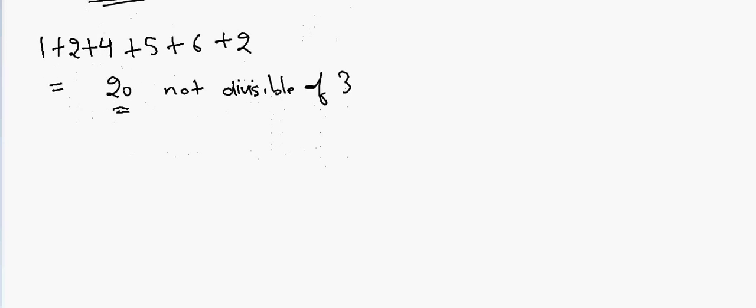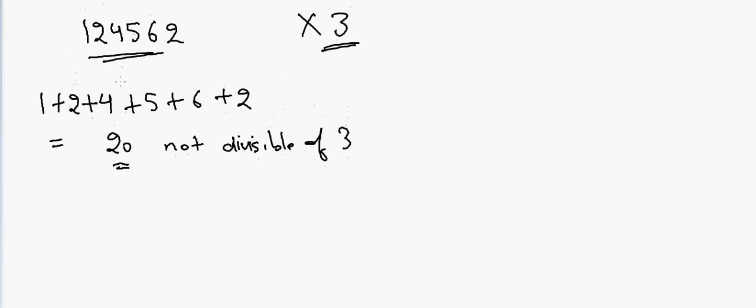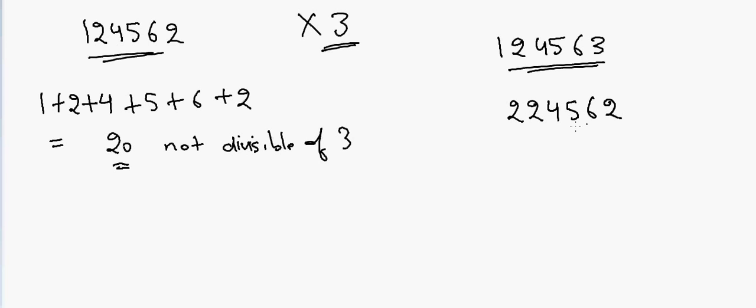So what should the number be if it has to be divisible by 3? Instead of 2, if we make it 3, so 12456 and we write 3 in the end, then the sum will become 21, so that number should be divisible by 3. Or we can change any other digit. We can say 224562, that should also be divisible by 3.